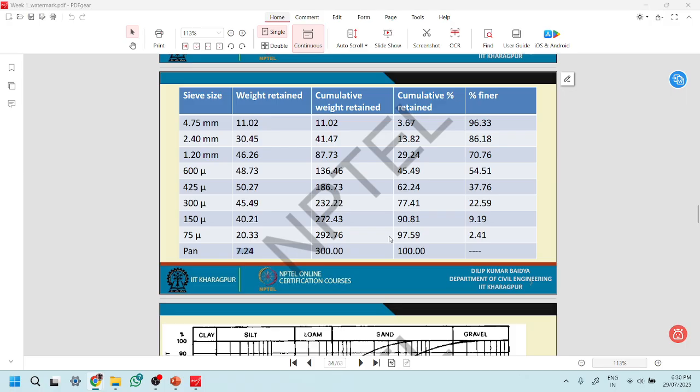So let us say that we have two different granular materials that we are blending, and then we are checking the IS code index properties or the limits.